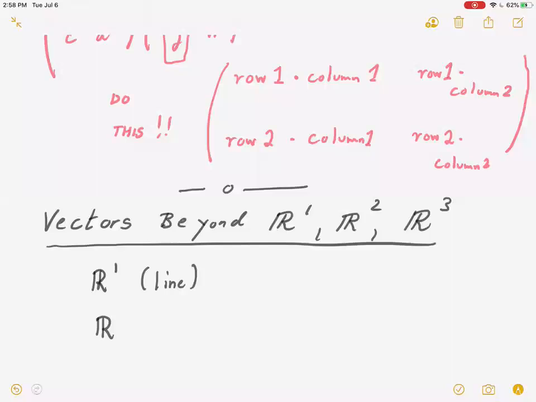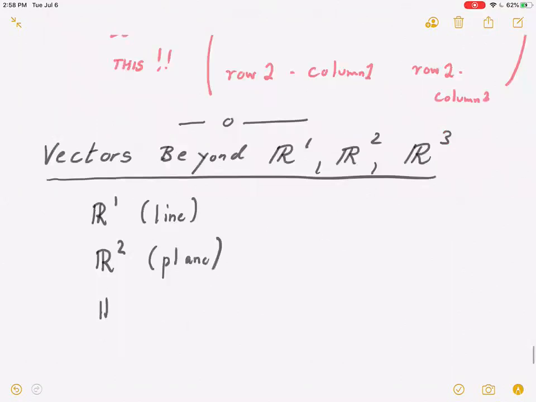If you're looking at vectors or points in 2 dimensions, that will give you a plane. The R tells the audience that you're dealing with real scalars. These are real numbers. So if you're dealing with points in 3 dimensions, that's R3. And this is the set of points or vectors in 3-dimensional space.